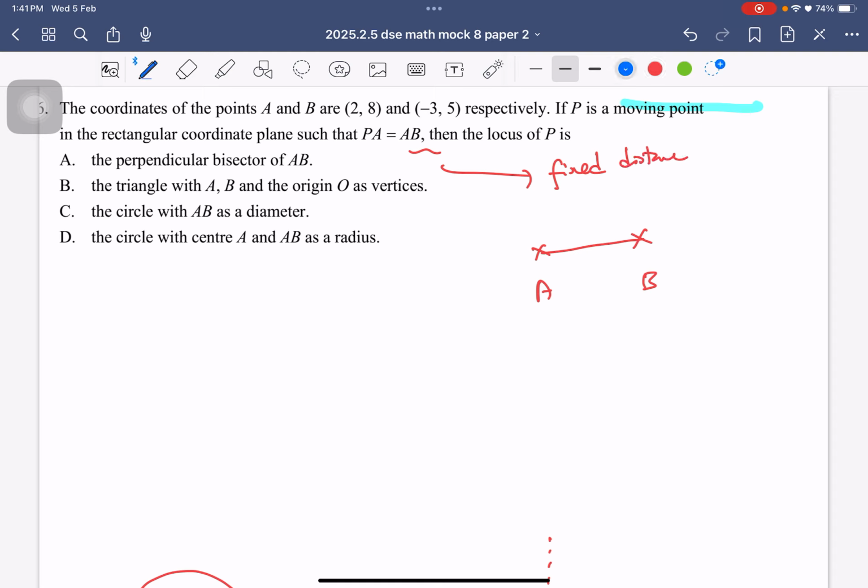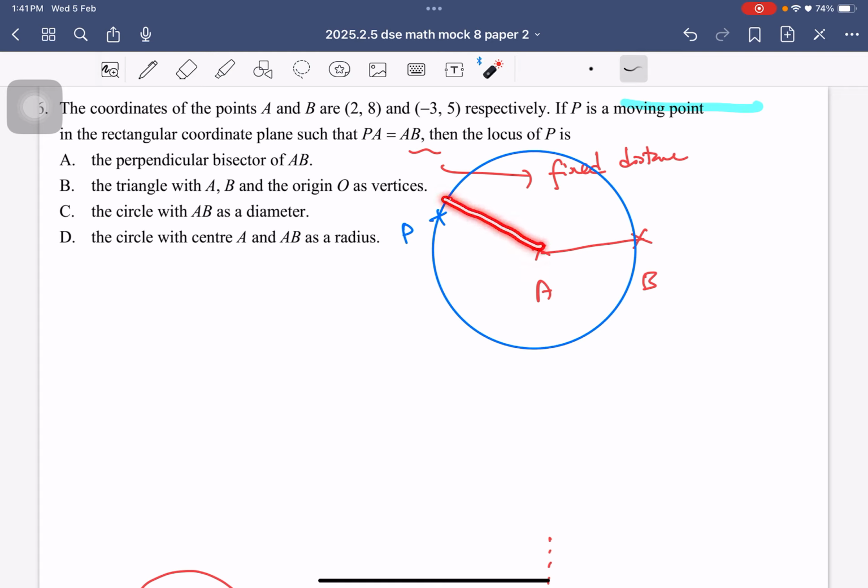So where can your P be? It's going to be here. So the point P can be here, and the PA distance is always equal to AB, which is the radius. So the answer should be D, because it is the circle with center A and AB as the radius.